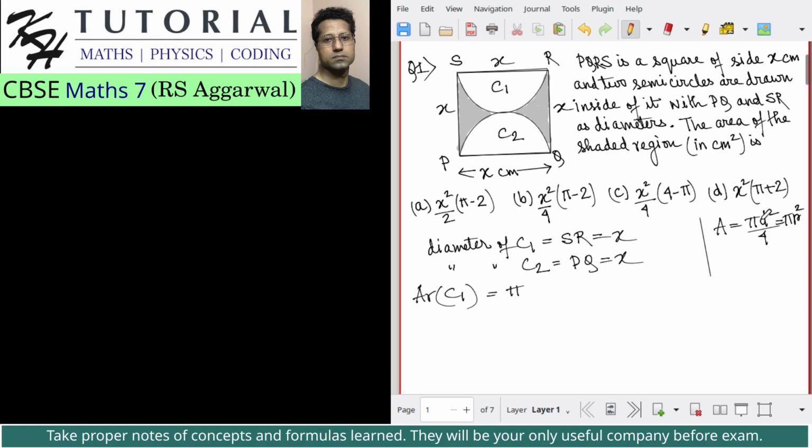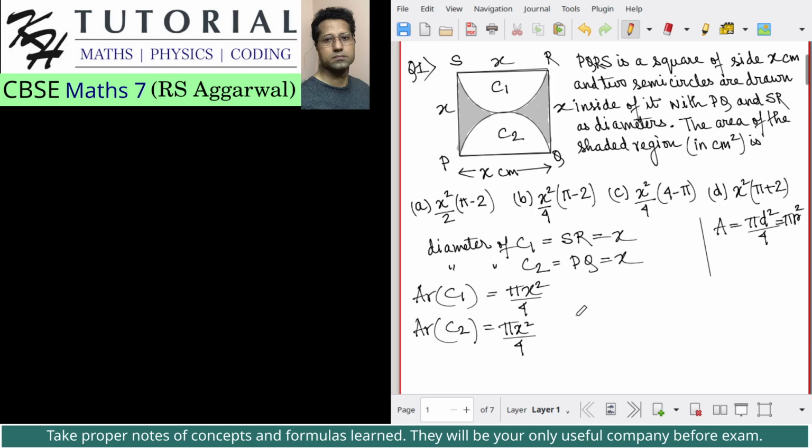So the area of the circle having a diameter x will be pi x square by 4, and the area of C2 will also be pi x square by 4, because both C1 and C2 have diameter x.